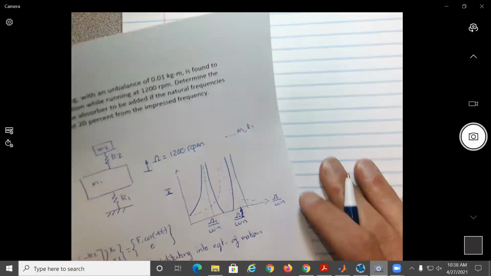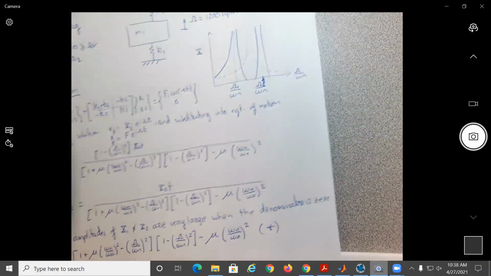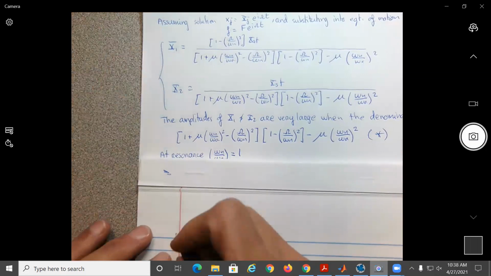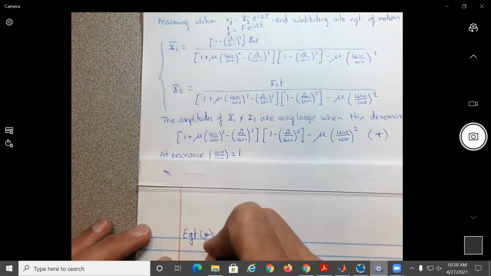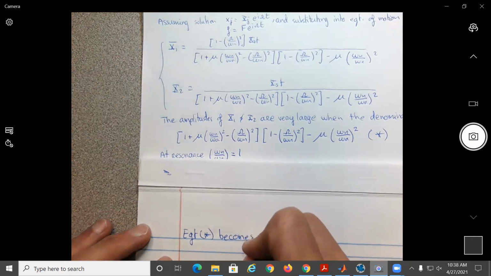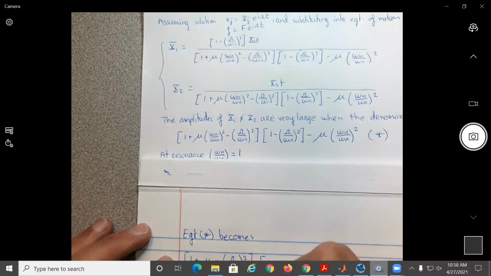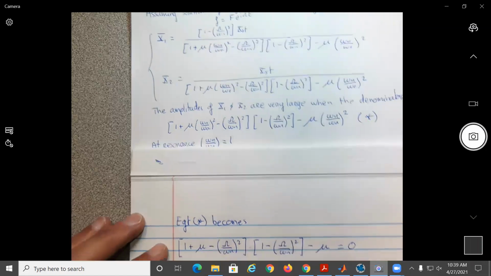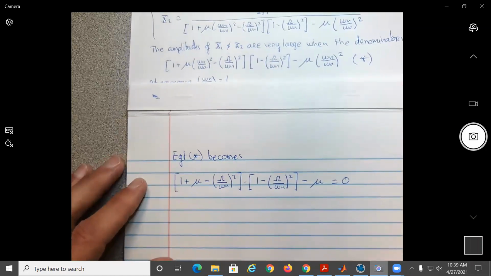So equation star becomes 1 plus mu minus capital omega over omega n squared, times 1 minus capital omega over omega n squared, minus mu equal to 0.